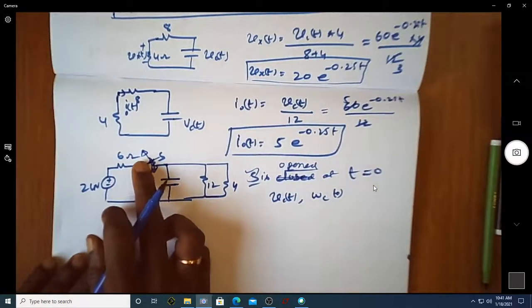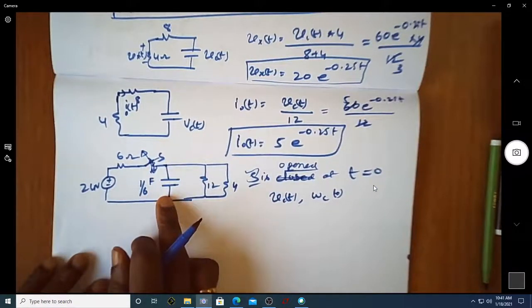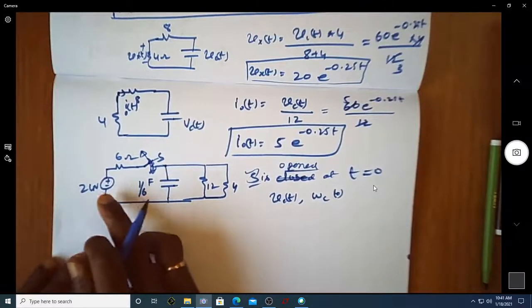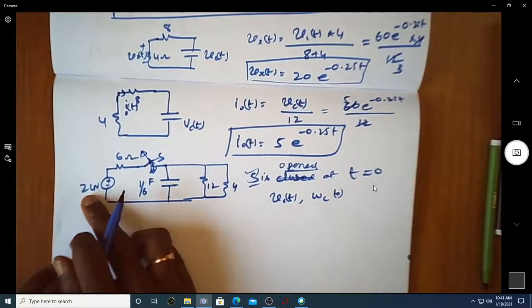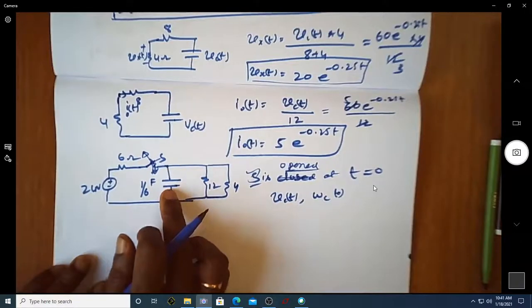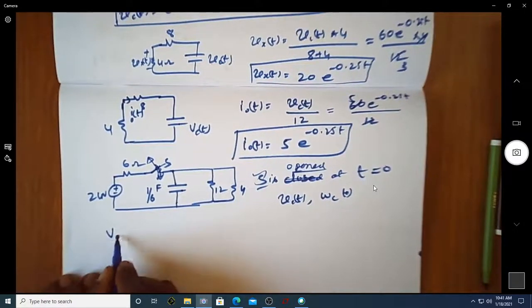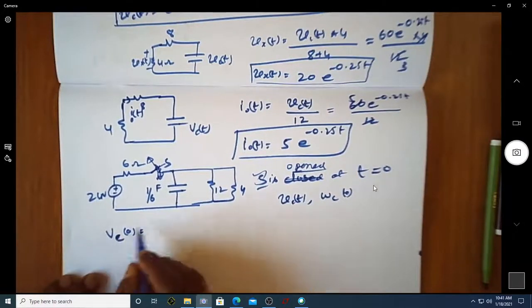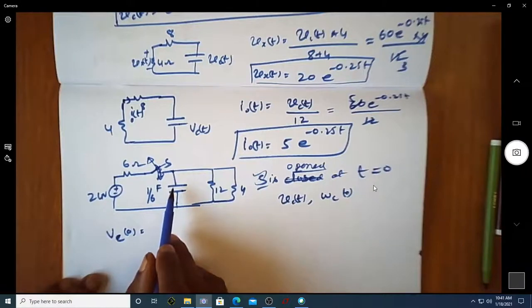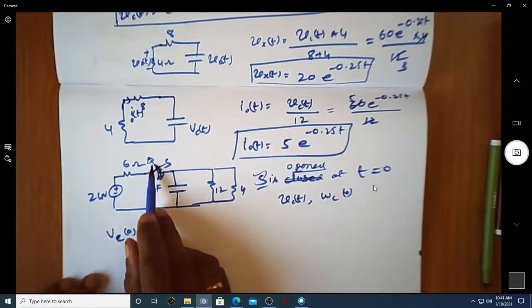Before I open it, it is in closed mode. Whenever it is closed, out of 24 volts, some voltage gets stored in this capacitor, and that will be your V0, that is Vc of 0. Vc of 0 is the initial voltage of this capacitor when the switch is closed.